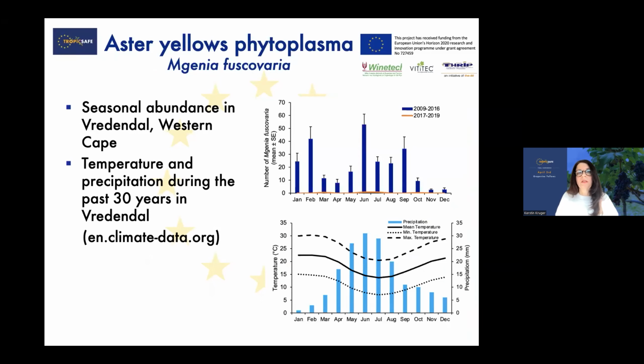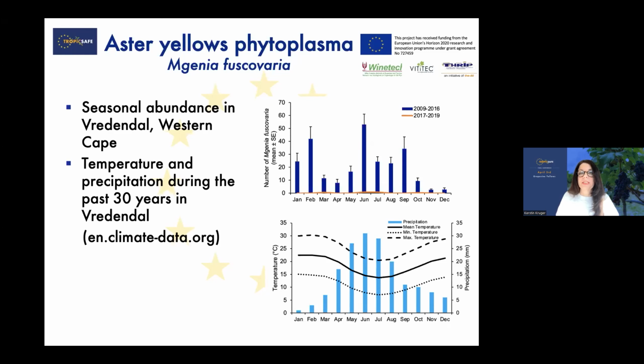In order to develop a management plan, we also determined the seasonal abundance. This was also done with yellow sticky traps placed in vineyards, in the Vredendal region. In the top graph, we can see that Mgenia fuscovaria occurs throughout the year in the field; nymphs and adults we observed throughout the year.